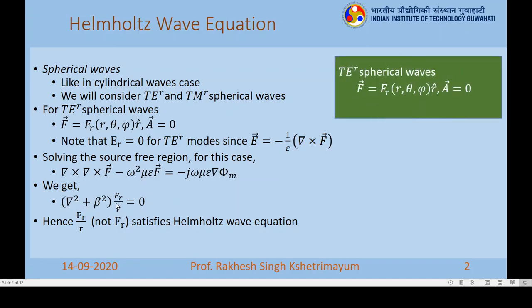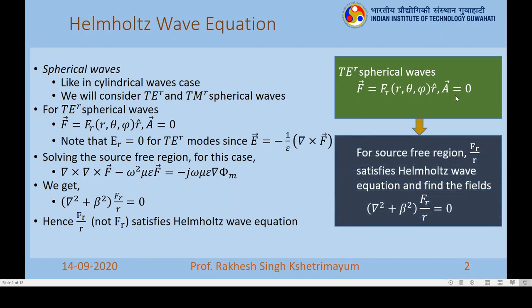So now let's summarize what we have seen in this slide. For TEr spherical waves, F vector will have only the Fr component and A vector will be 0. And one more very important observation is that Fr by r will satisfy the Helmholtz wave equation.